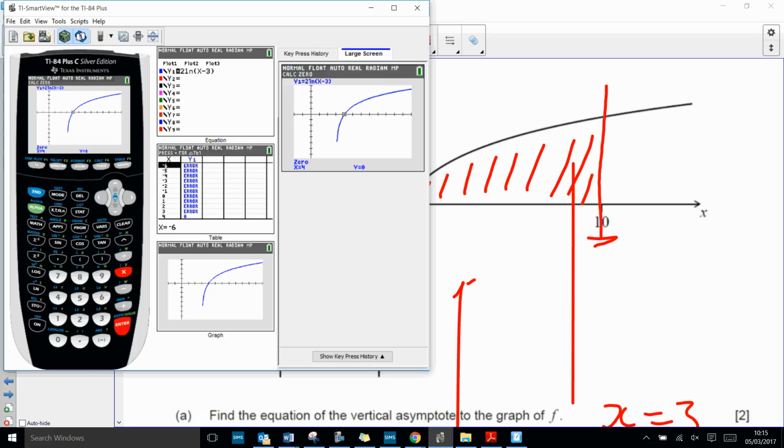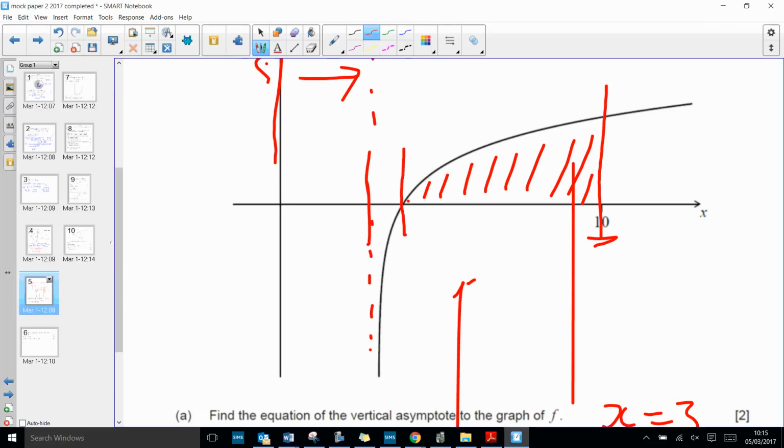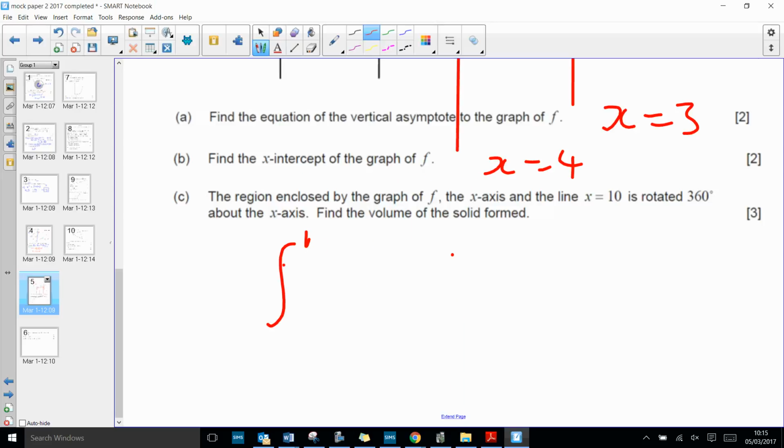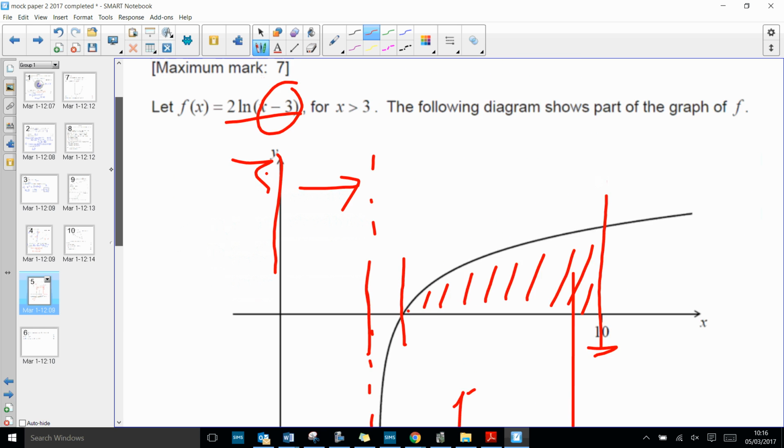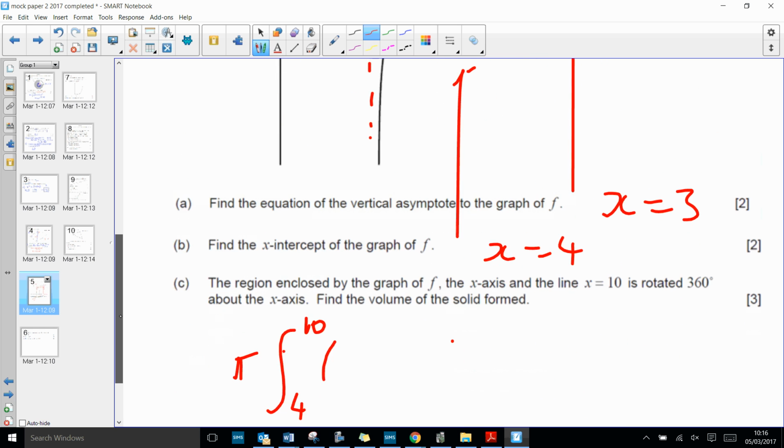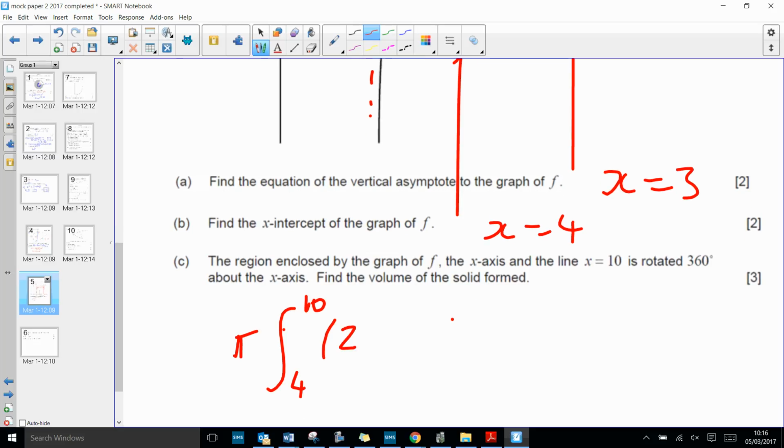We know volume of revolution is between 10 and 4, pi is out the front, and it's 2 ln x minus 3, squared.